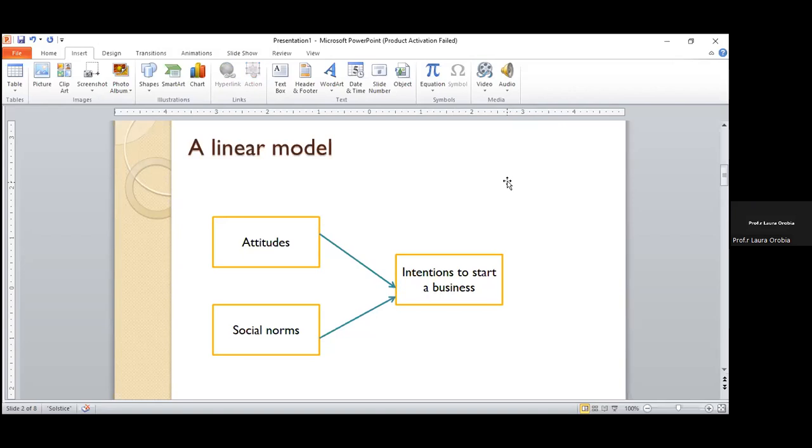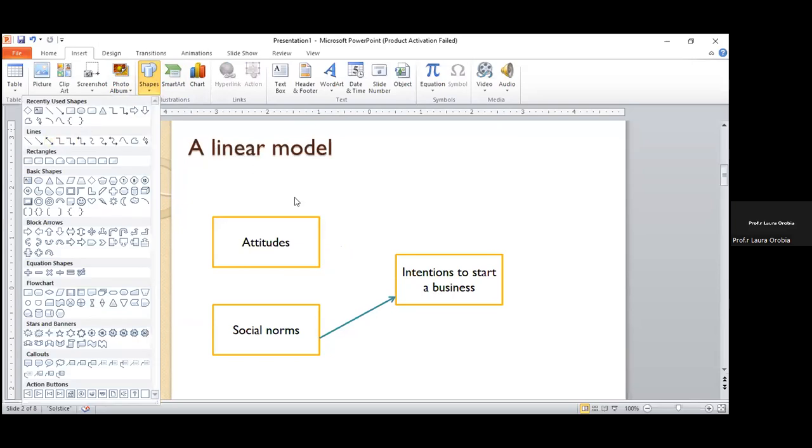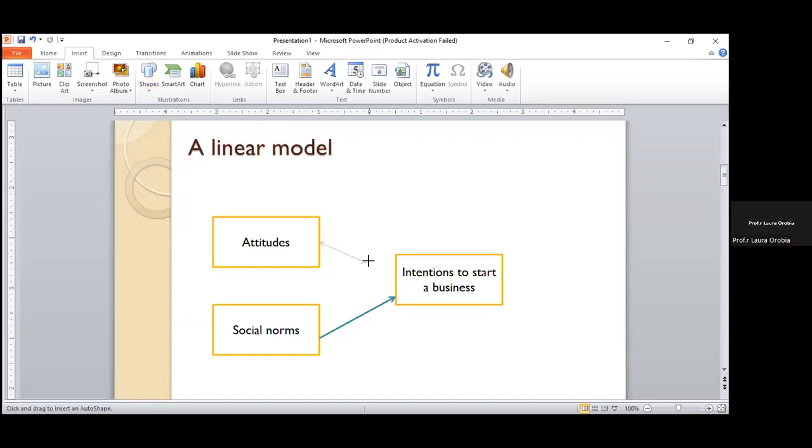I want to answer the question on the double-barreled arrow, meaning if I had an arrow like that, it means that you're saying that while attitude can influence intention, intention can also influence attitudes.